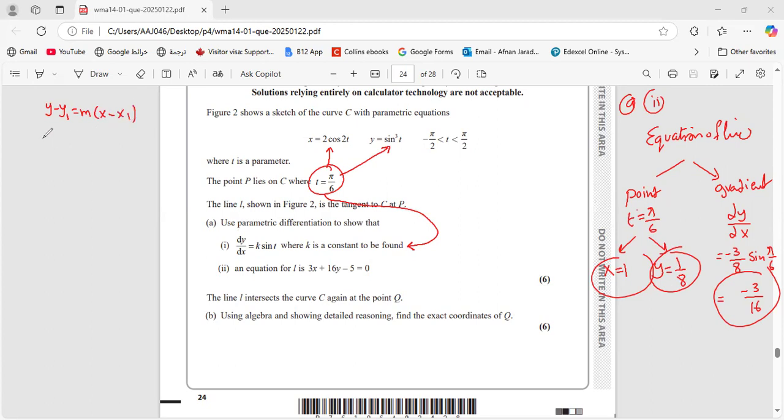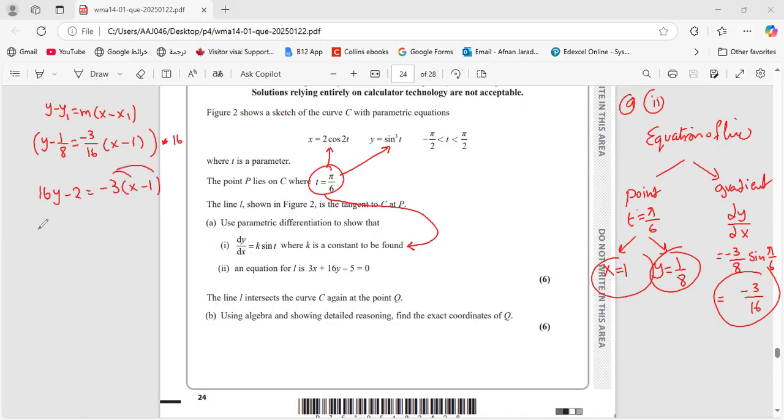Y minus y1, so y minus 1 over 8 equals to m, the gradient negative 3 over 16, times x minus x1, which is 1. So multiply all of this equation by 16. It will be 16y minus 2 equals to negative 3 multiplied by x minus 1.